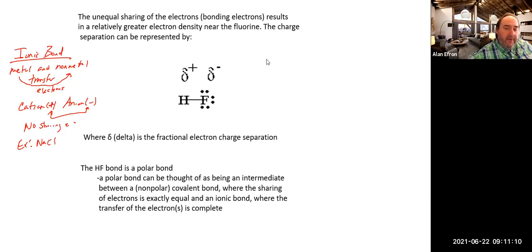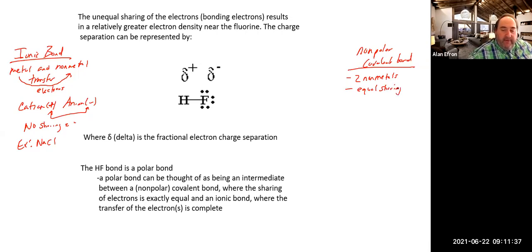On the other extreme, we have a non-polar covalent bond. In a non-polar covalent bond, we have two nonmetals, with absolutely equal sharing of electrons.